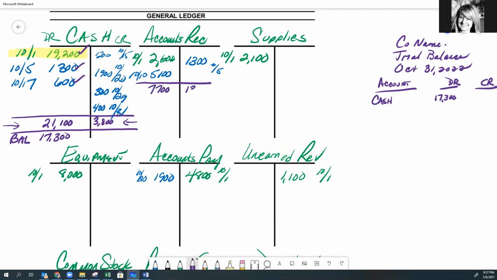My credits, I have 1,300, right? I just added these two and I brought that down. I'm going to put another line and I'm going to subtract the two and put it on the side that's bigger. So the balance of accounts receivable is 6,400. So I'm going to write it here.